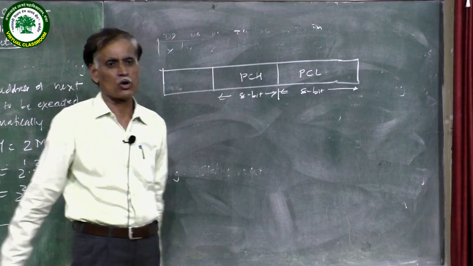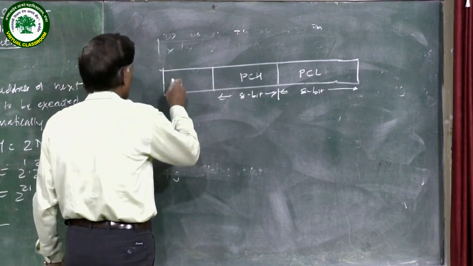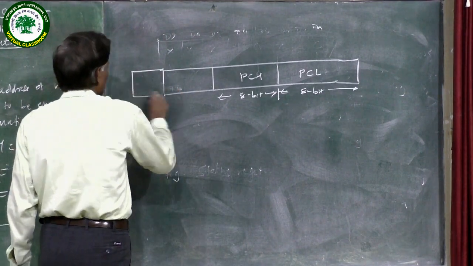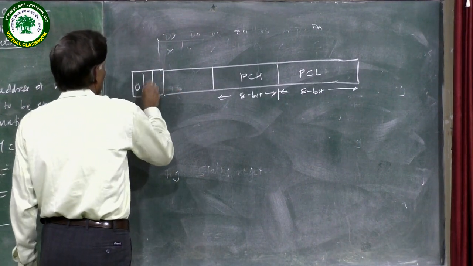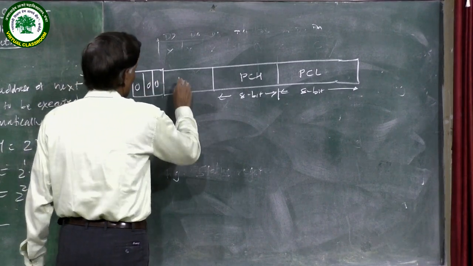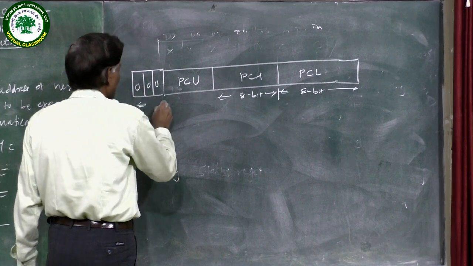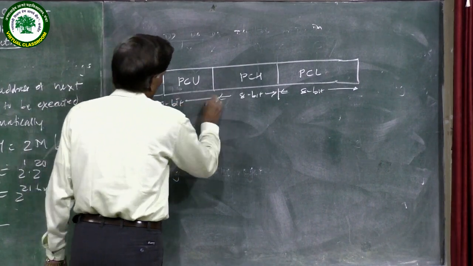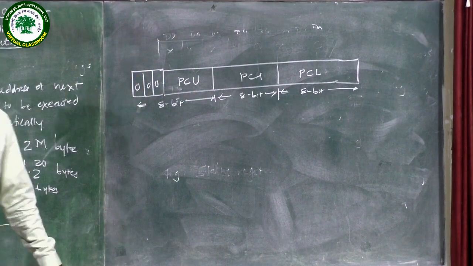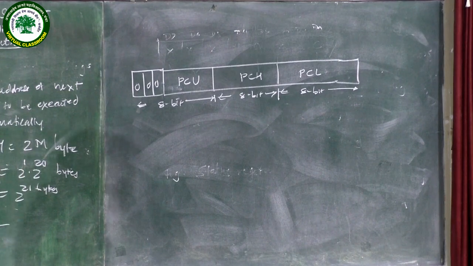Here the remaining 3 bits are not used. They are kept at 0, and this is known as the upper part, PCU, again 8 bits, but 3 bits are completely kept at logic 0.